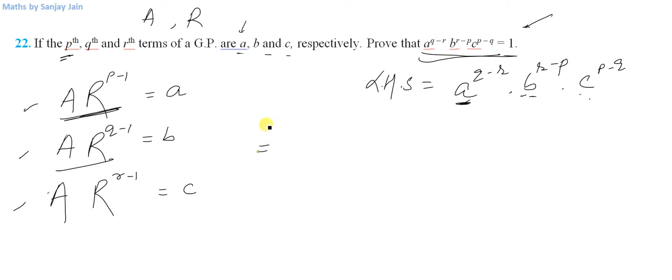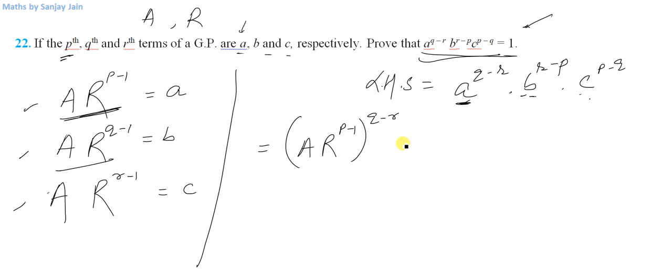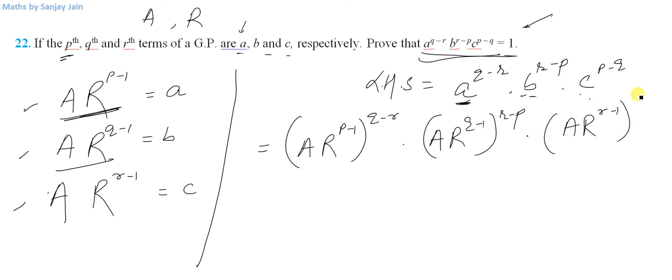Left hand side is equal to A R raised to power p minus 1 raised to power q minus r, into A R raised to power q minus 1 into r minus p, into A R raised to power r minus 1 raised to power p minus q.